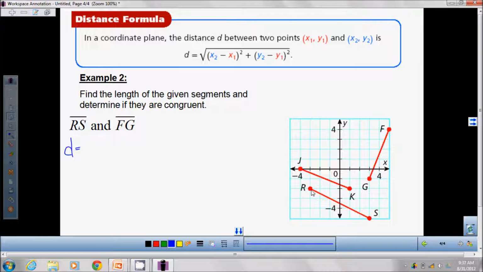Okay, so first I need to know what the coordinates are for these points. We have R right here, and he is at -3, -2. And S is at 3, -5. Or sorry, that should be +3.